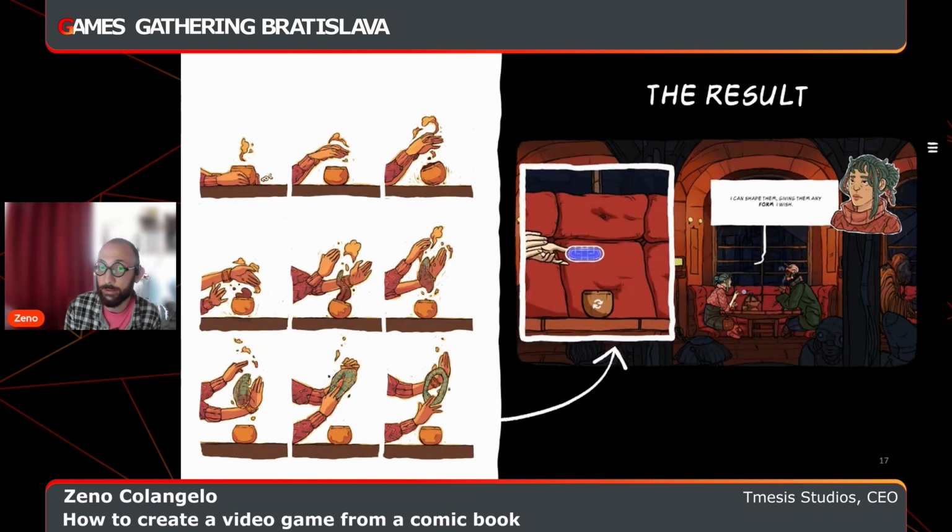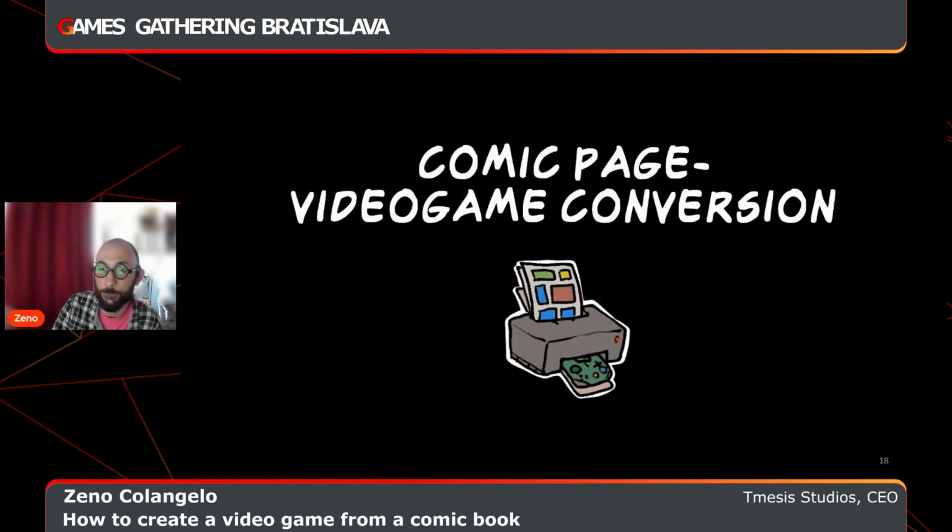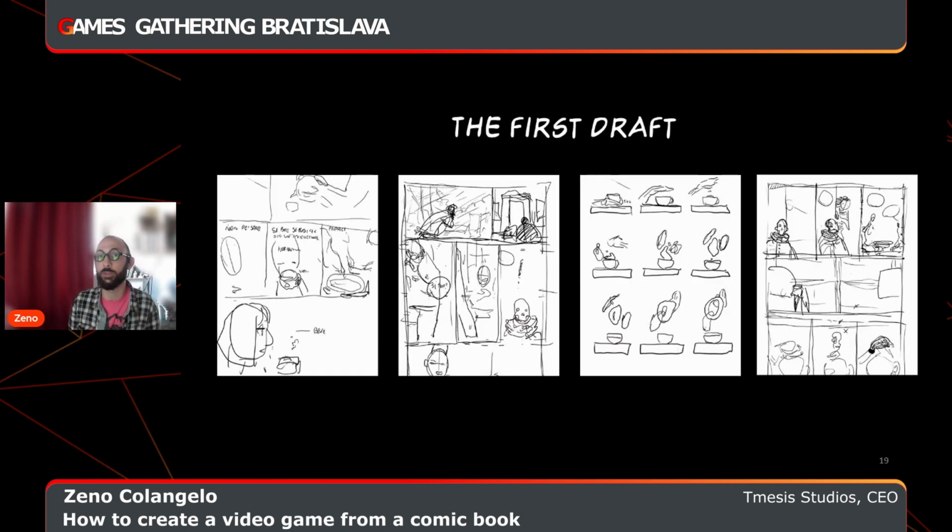I must say that as I came from the comic book sector, the workflow of the comic book was the only one I knew. So I use essentially the same workflow that I used for a comic book page, and this workflow starts from the first draft, the storyboard.